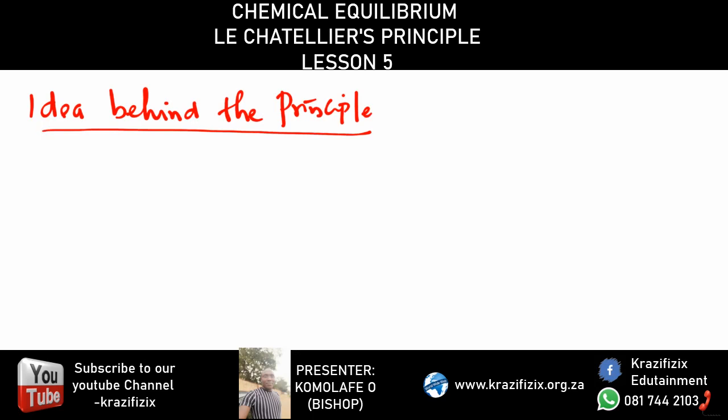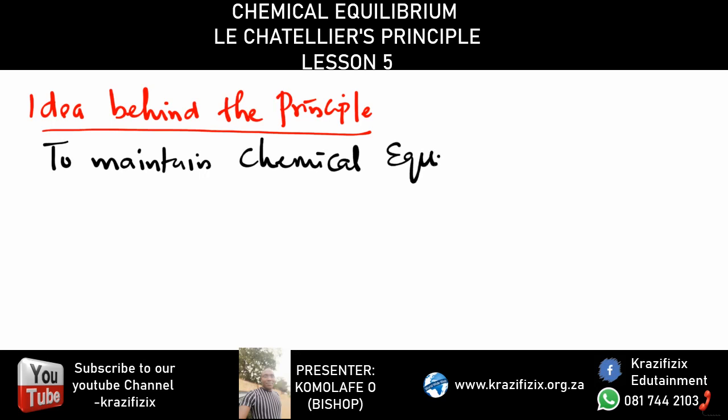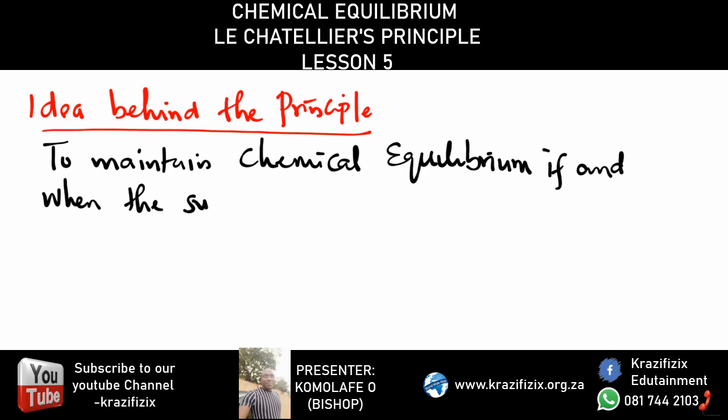The idea is to maintain chemical equilibrium if and when the system is disturbed. So our system can be disturbed, and when it's disturbed, we need to maintain a state of chemical equilibrium.